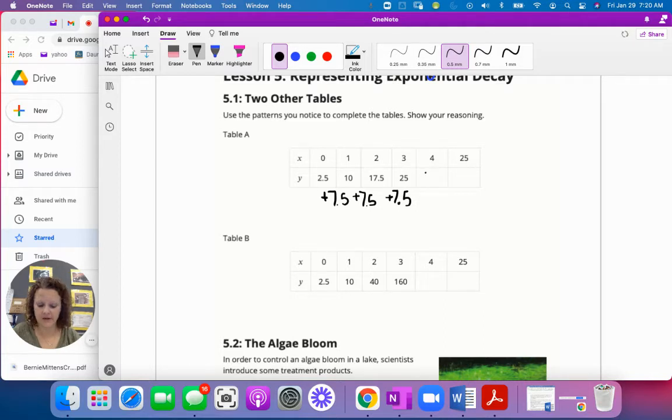It's not a factor because a factor would be multiplication. This would be 32.5 and then 25. So really I've got my initial amount and I'm adding 7.5 each time. So if I'm at 25, I'm going to multiply 7.5 times 25 plus my initial amount.